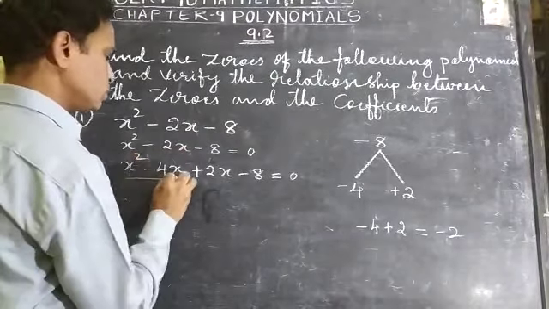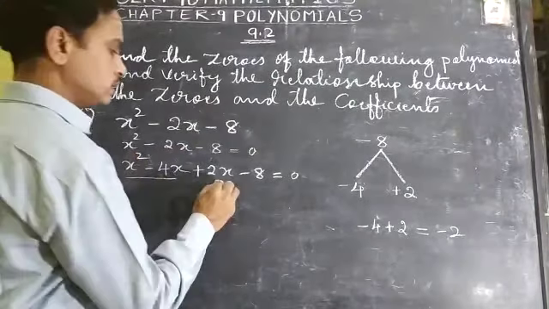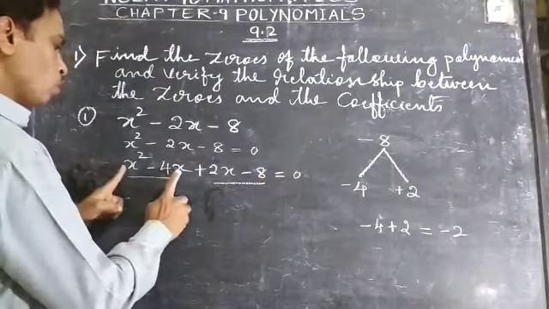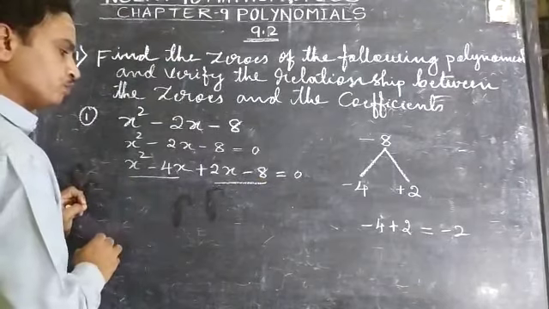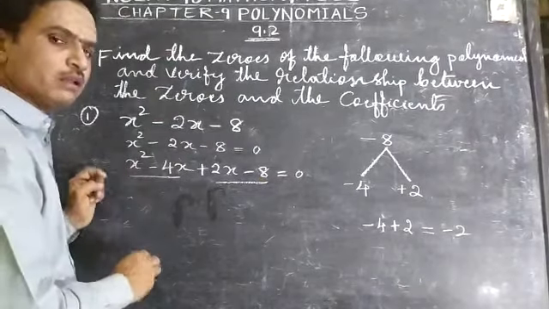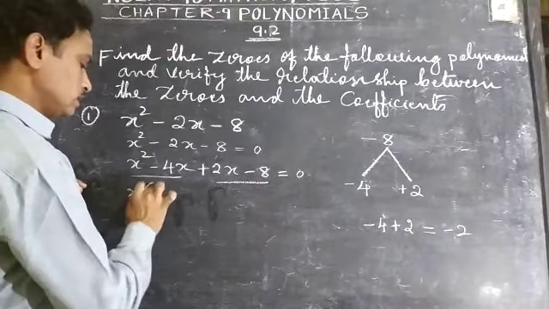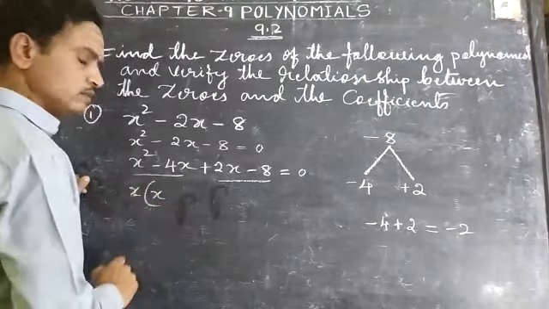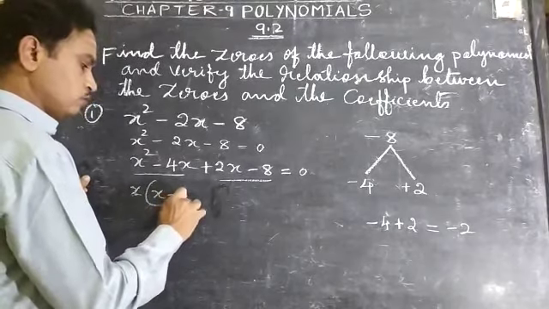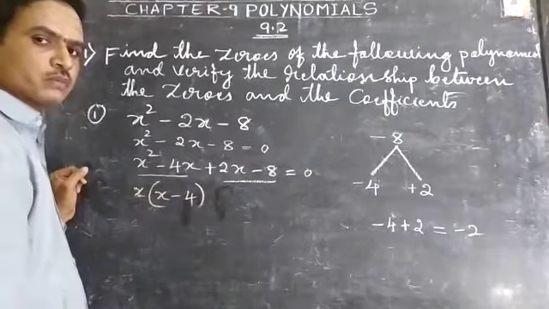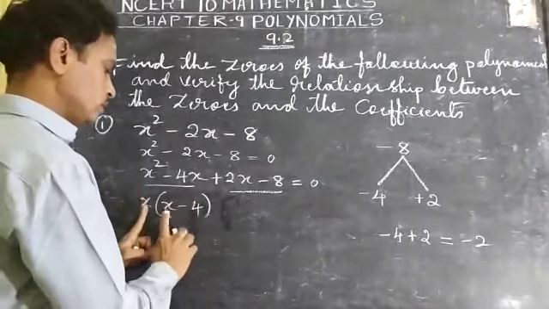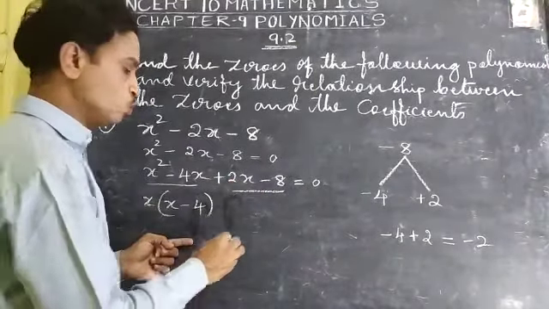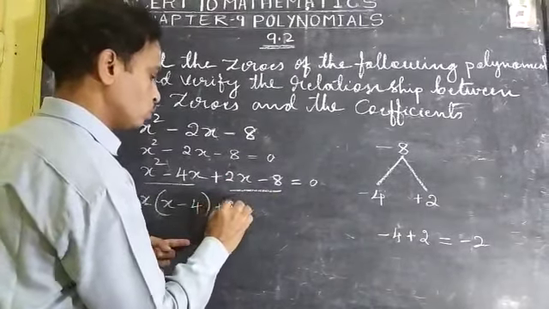Now the first two terms you should make one group. The last two terms become the second group. Now what is common in the first group? x is common. Take x outside the bracket. Inside the bracket you should write x minus 4. Now here what is common? 2 is common, plus 2.